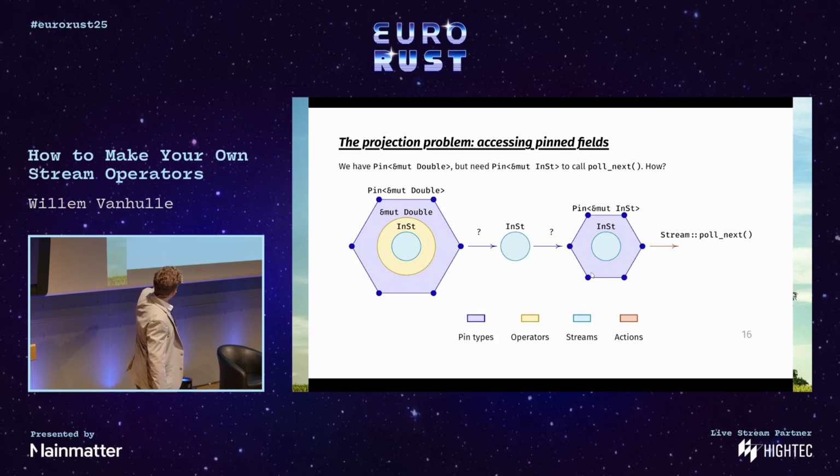But then we have a mutable reference to Double, and then we can have a mutable reference to the field, and the field is of type input stream, and we know that if we put a Pin around it, we can poll it, and then we have actually solved the problem. Again, I try to be a bit consistent with the colors. So purple blue is the Pin type, the operator is yellow, and the input stream is light blue. Okay.